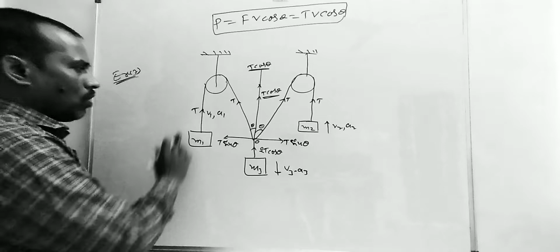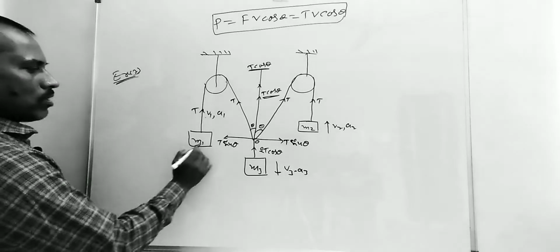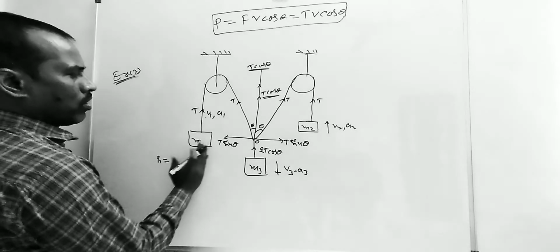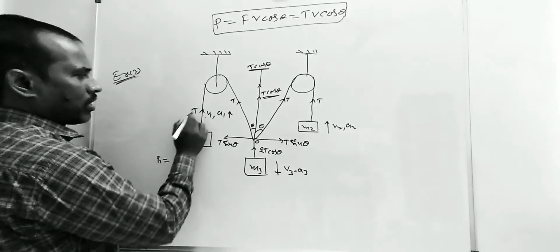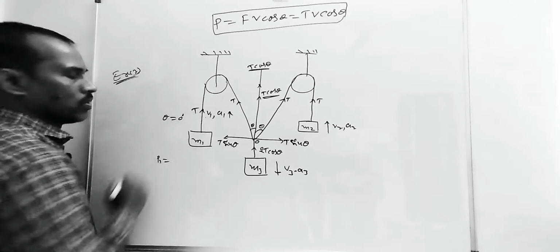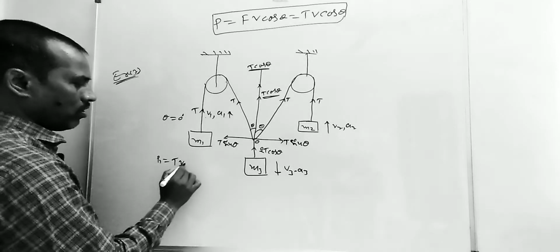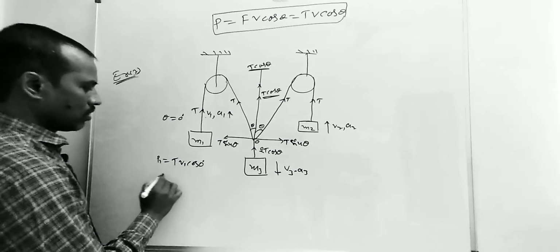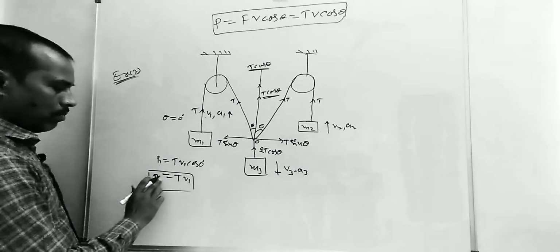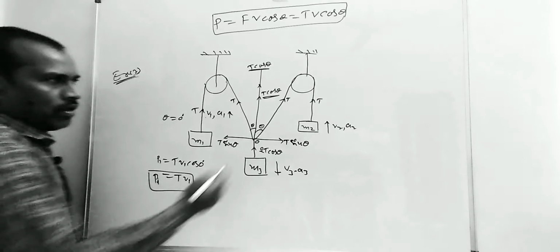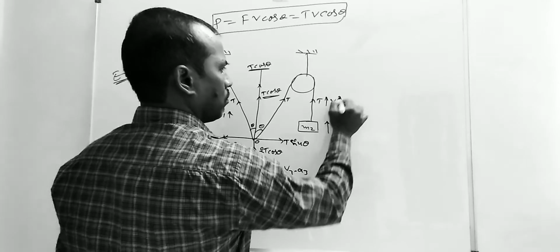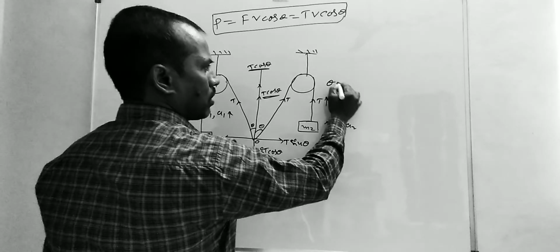Now for power P1, the velocity is in the upward direction and the tension force is also in the upward direction. Both are in the same direction, so theta is equal to 0 degrees. So T v1 cos 0 degrees is equal to T v1. This power P1 is equal to T v1. Similarly, for P2, tension and velocity are both in the same direction, so theta is equal to 0 degrees.